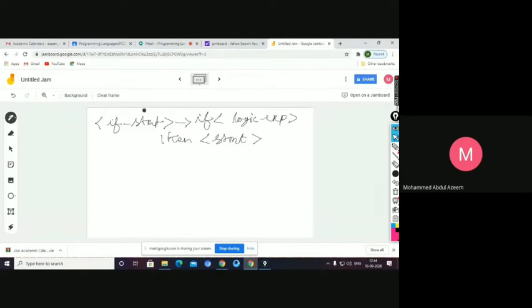What do you mean by it? If statement is defined to be if followed by the logical expression. If this condition is true, then you're going to execute this particular statement.